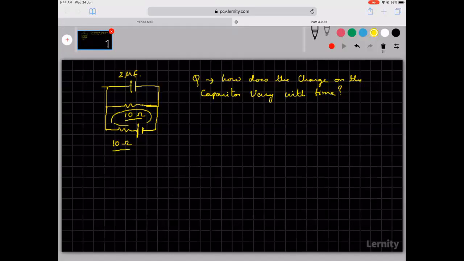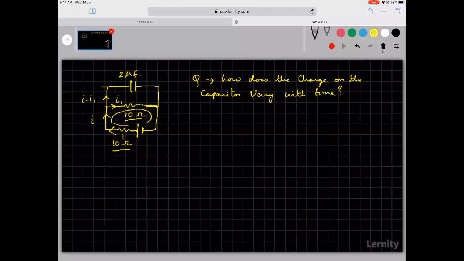Suppose there is a current I here, some part of it goes this way and some part goes the other way. So suppose this is I, this will become I1, and this will become I minus I1.